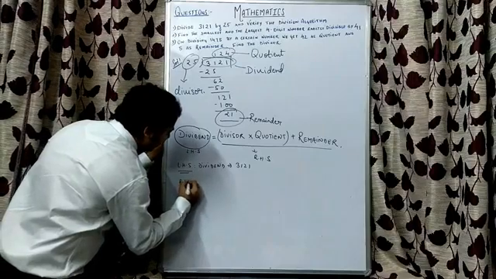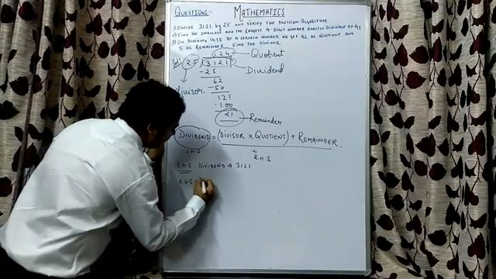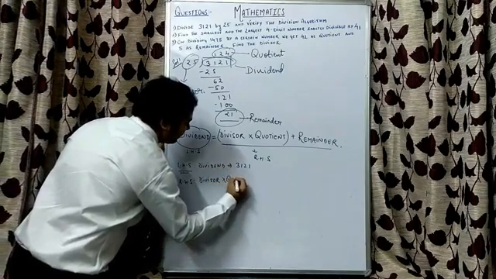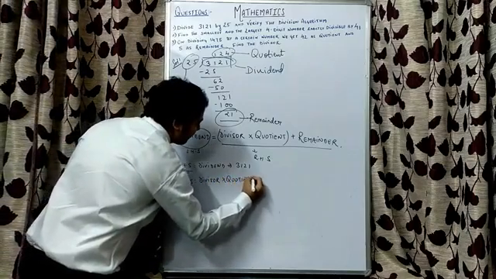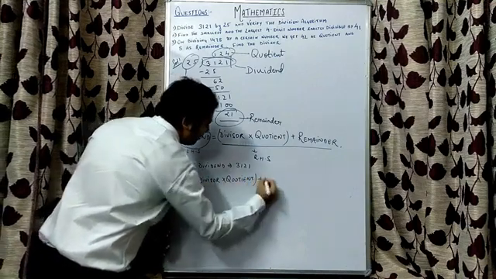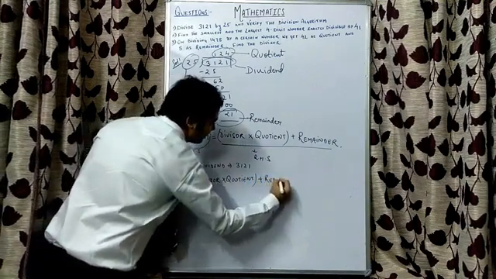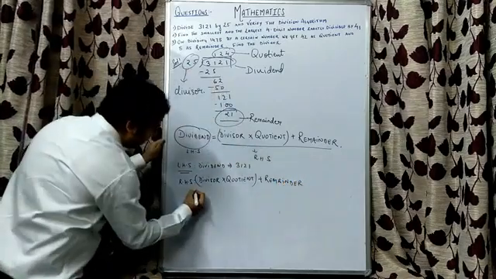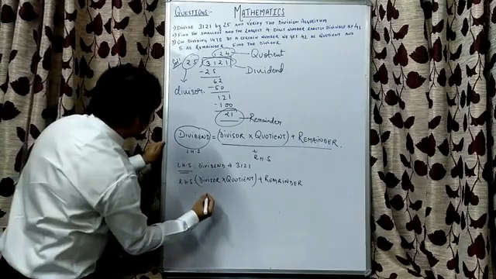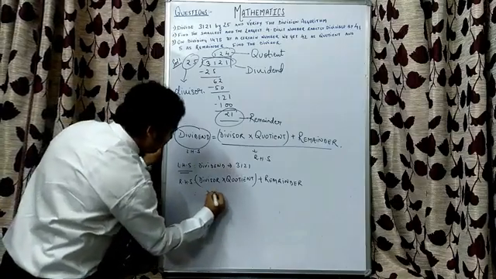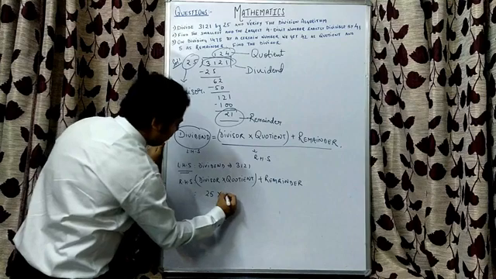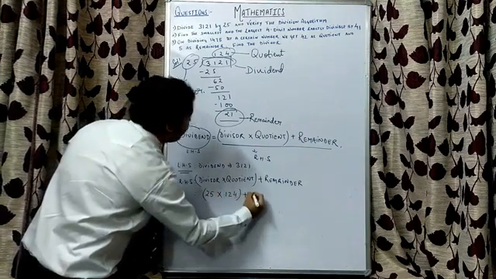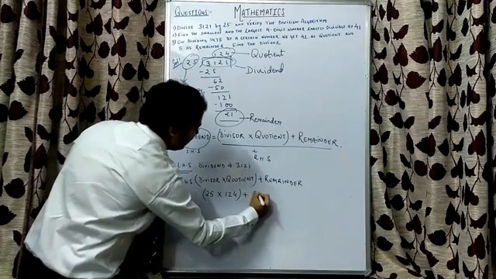Then the RHS part is divisor into quotient in bracket plus remainder. Right? The value of divisor is 25 into quotient is 124 in bracket plus remainder is 21.